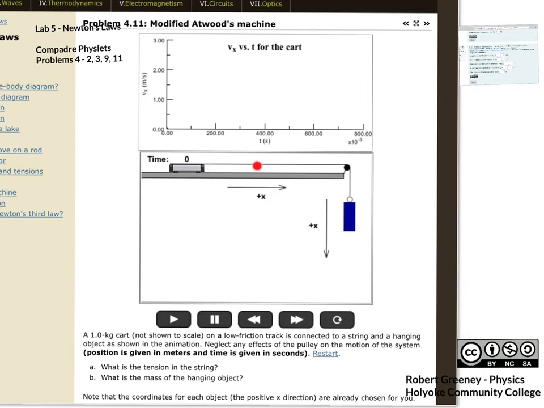And so this will have a positive acceleration. We want this to have a positive acceleration as well. So it's just convenient to switch the coordinates so that both objects are moving in the positive x direction, because remember, the velocity of these two objects and their acceleration is going to be the same because they're tied together.